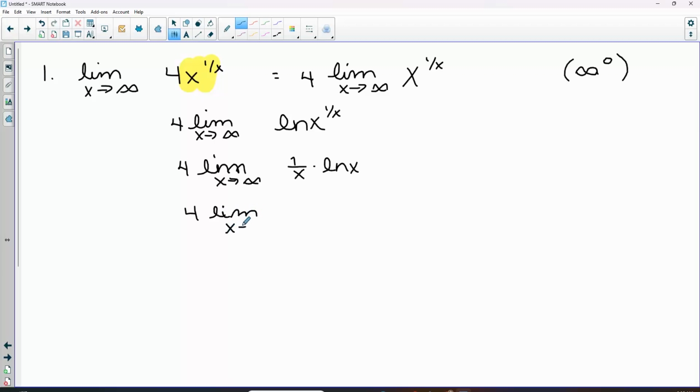Okay, and our goal is to get this written as a fraction, which is really easy to do because if you take 1 over x times the natural log of x, you just get natural log x over x. So now we have a fraction. If we plug in the natural log of infinity, remember our natural log graph looks like this.